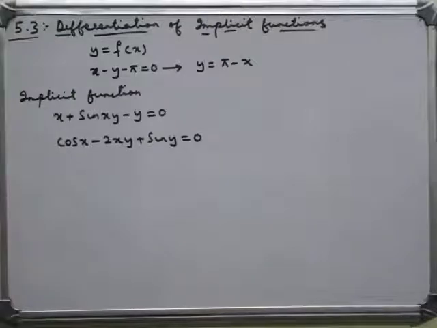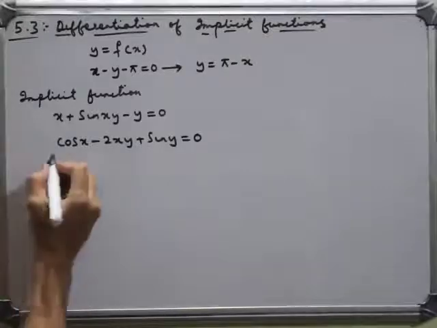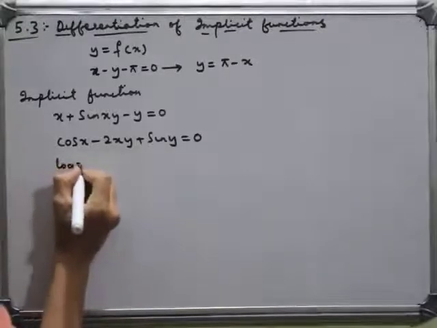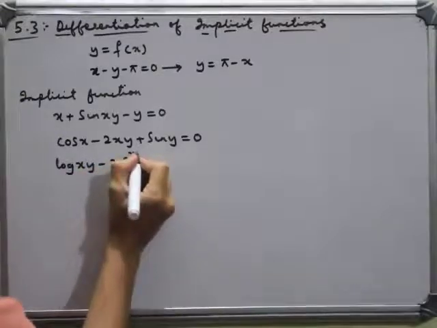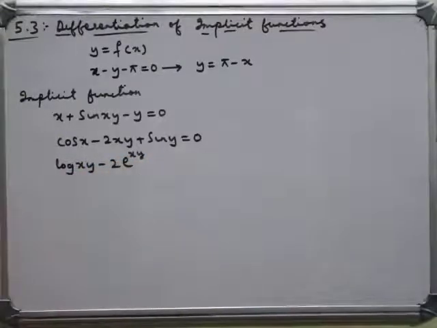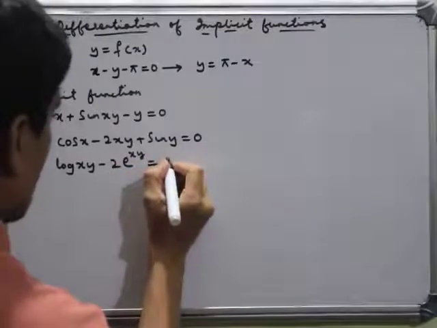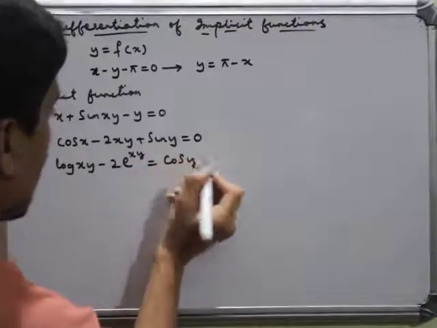This is another example of an implicit function, or we can write log xy minus 2 e power xy is equal to cos y.